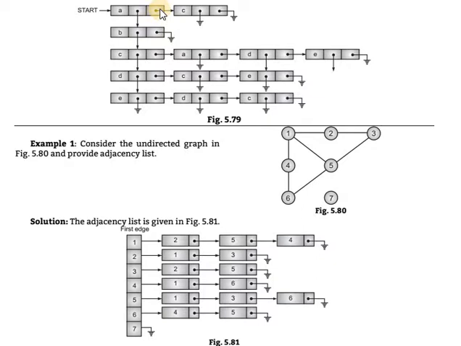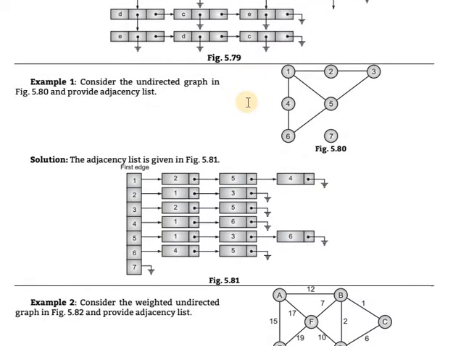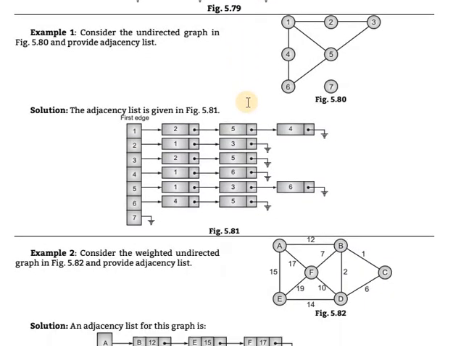In the list, the link stores the address of the next element. Again, for C, A, D, E, 3 adjacency nodes are there, so write them down. For D, C and E nodes are there, so write them down. For E, D and C nodes are there, so write them down. Clear that?